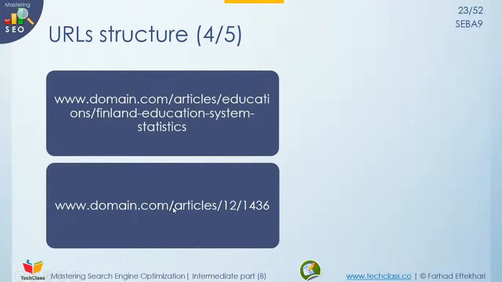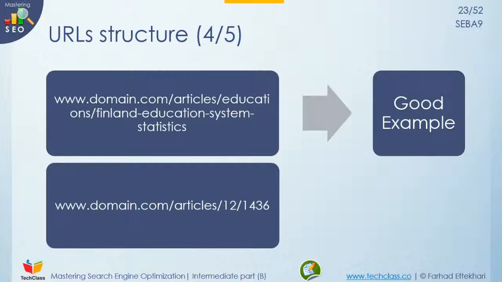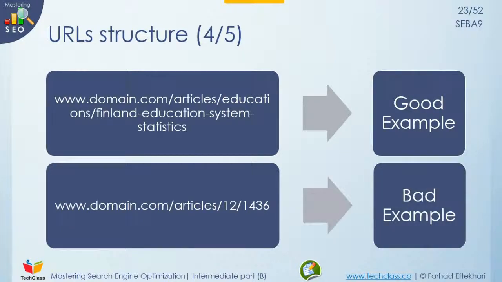But if you put them in this URL structure, yes, of course they're articles, but then 12 and then 1436 doesn't mean anything to a user, and doesn't mean anything to a search engine. So the first one was a good example, and the second one, of course, was a bad example.